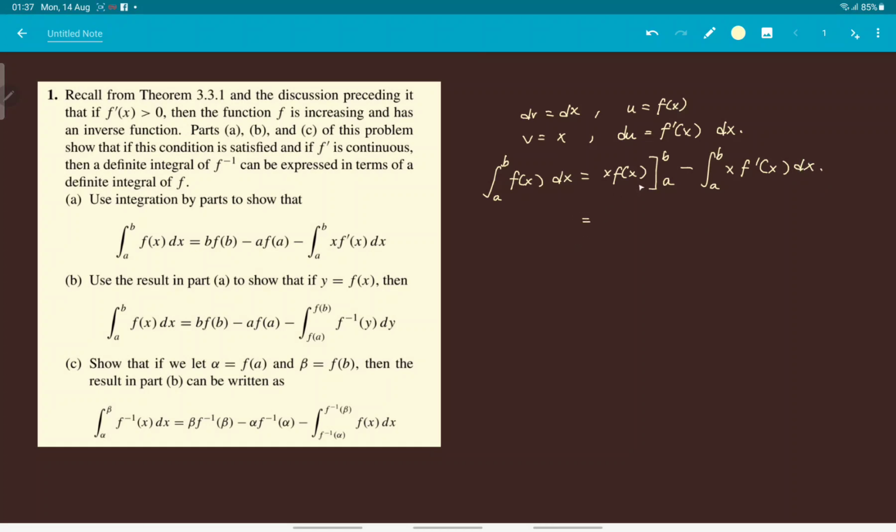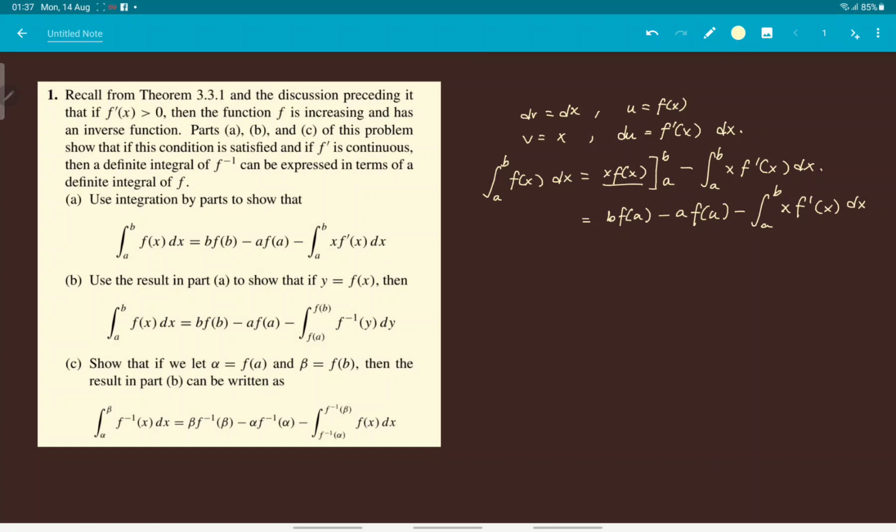So you can evaluate this expression. We will get b f(b) minus a f(a) minus the integral from a to b of x f prime x dx. So we have shown this statement holds.